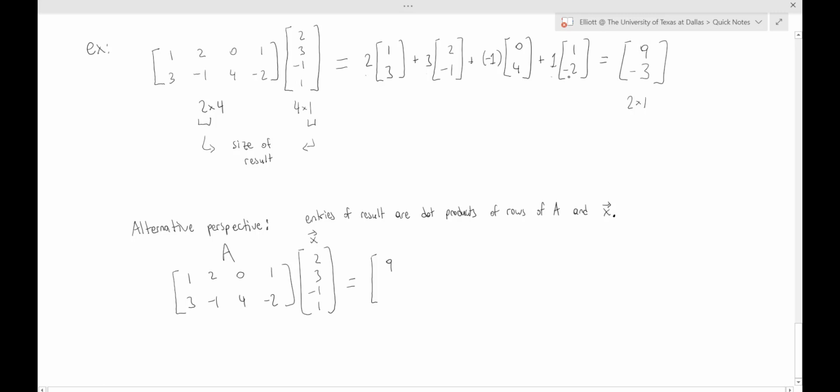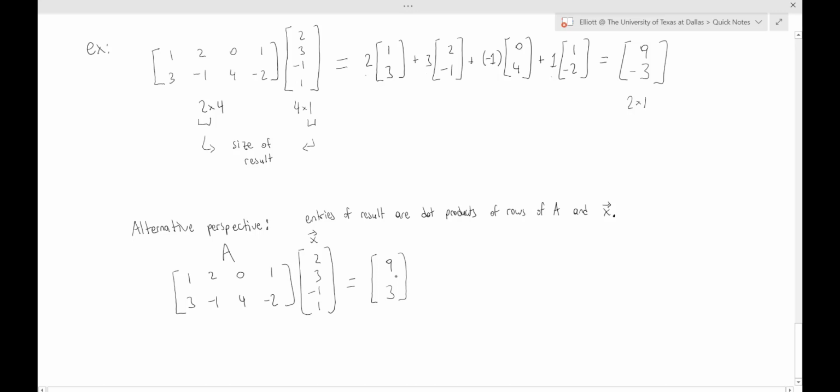Okay. And so you see it does get you the same result as we got from earlier as well. So these are two ways that you can multiply a matrix and a vector: as a linear combination of the columns of A, or as dot products between the rows of A and the vector x.